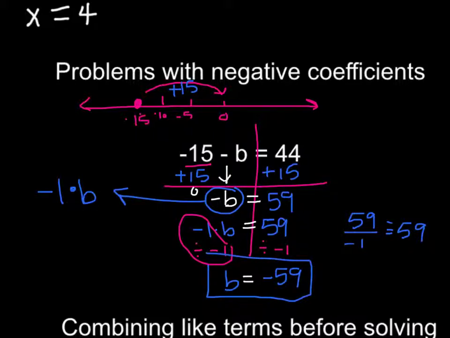We can check this work out, see if it works. So negative 15 minus a negative 59 is equal to 44. We can look at this subtracting a negative, and that can essentially say, oop, we're going to add little plus signs to this.